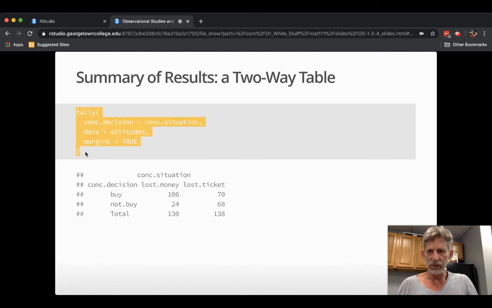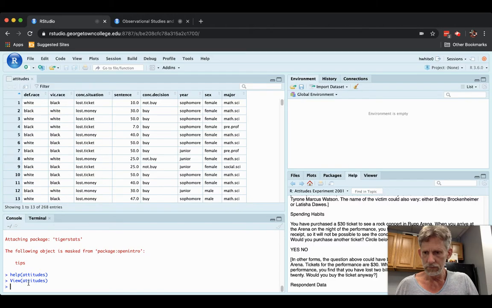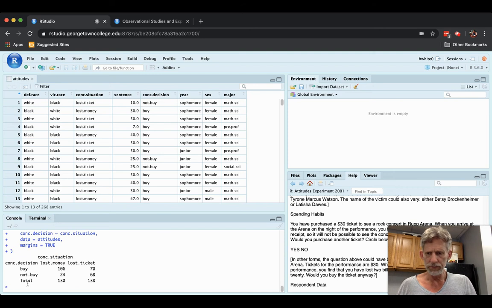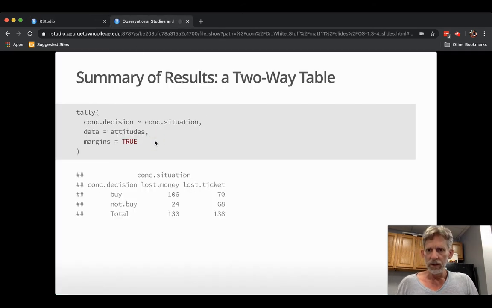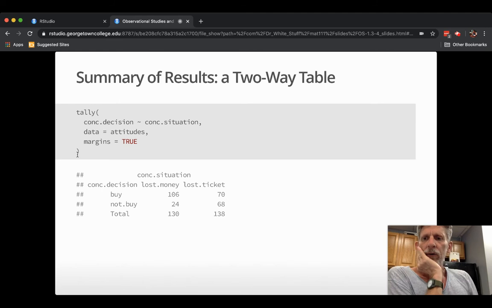So let's just go ahead and see if we do it. There it is. So without going into detail at this point how this code is getting exactly this result, let's just look at the table and see what we see. We see that there was a total of 130 people who got a form that said you've lost the money out of your wallet.